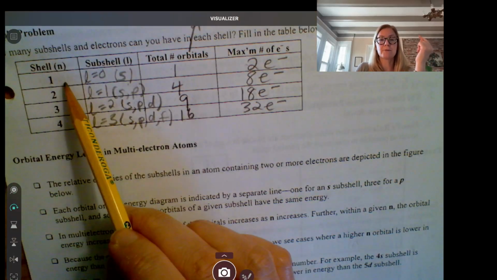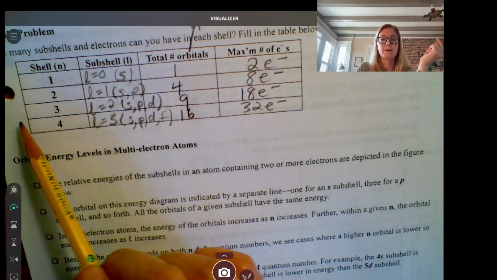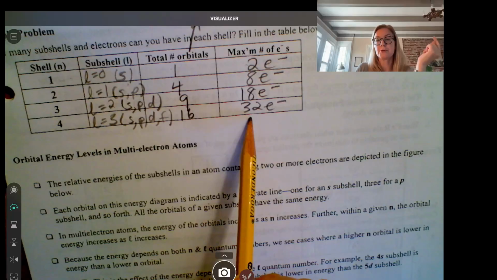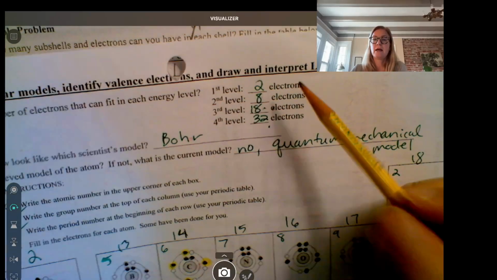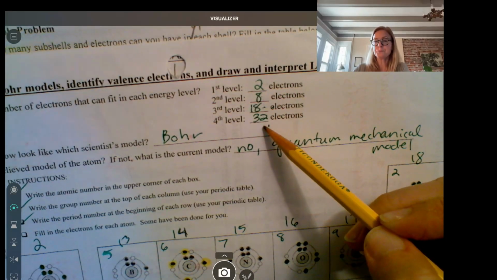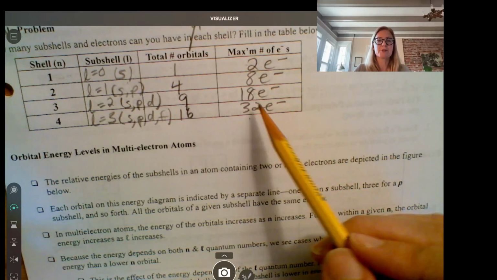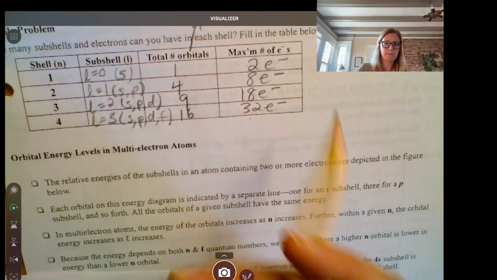So this means that the first energy level can hold 2, the second energy level can hold 8, the third energy level can hold 18, and the fourth energy level can hold 32, okay? And that's what I was saying at the beginning when I was showing you this paper. This is not in your packet, but when we were talking about this 2, 8, 18, 32, now you can see these electrons in those energy levels are distributed over a variety of sublevels and orbitals, okay?